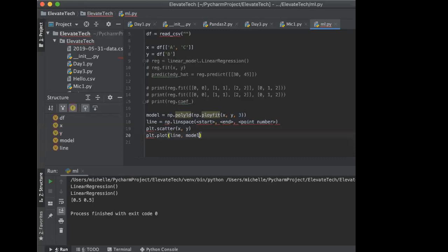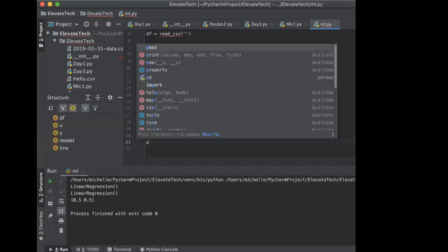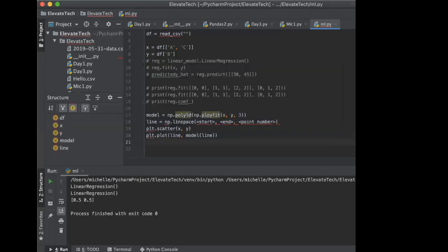Our model has a parameter, and the parameter is going to be our line, and then you can just plt.show to show it. So that's our polynomial regression, how to draw that out.